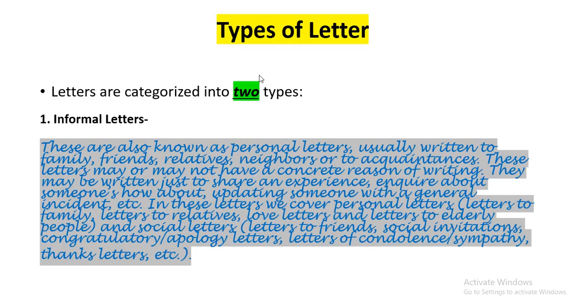These letters may or may not have a concrete reason for writing. They may be written just to share an experience, inquire about someone, or update someone with general incidents, etc.